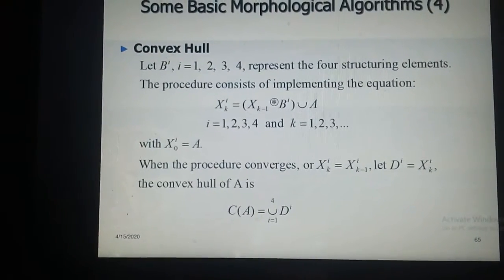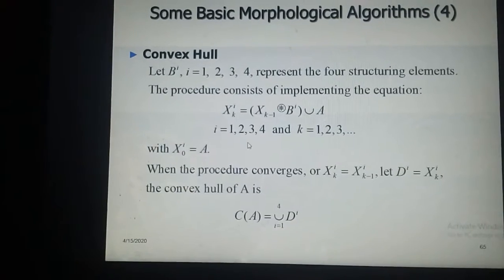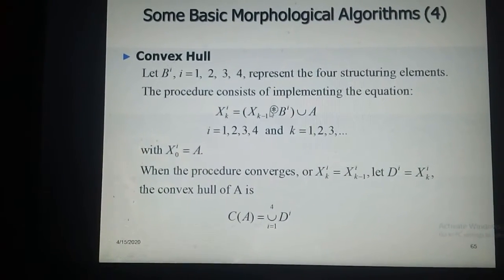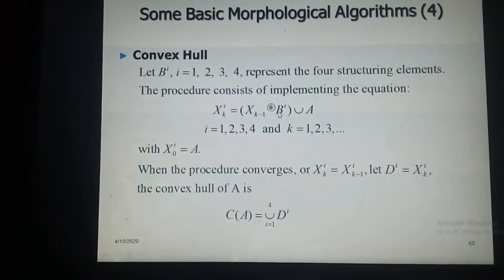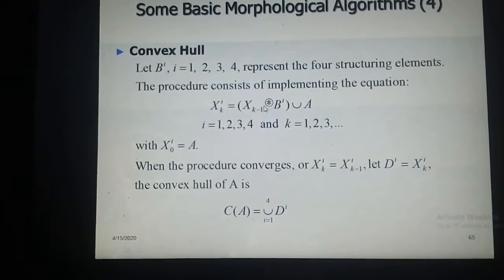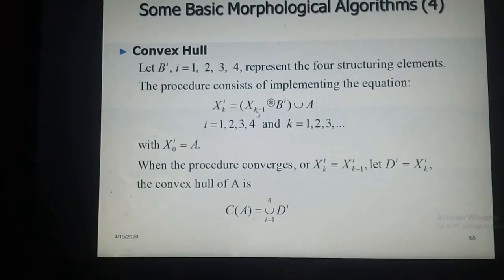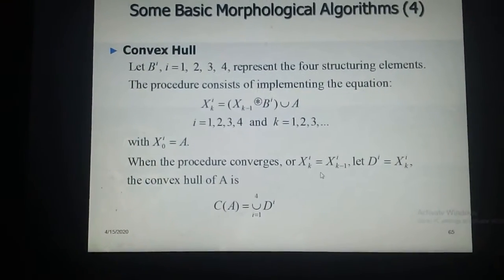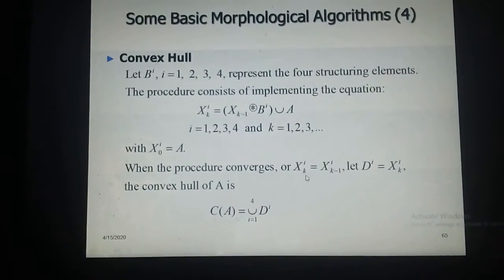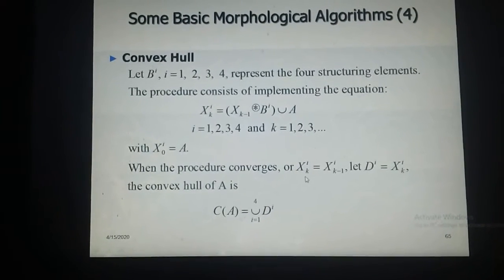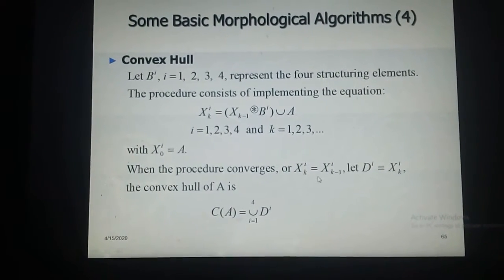Next is the convex hull. Here what we do is we find a set of matches for the structuring element during different iterations and stop the iterations when the condition is satisfied.